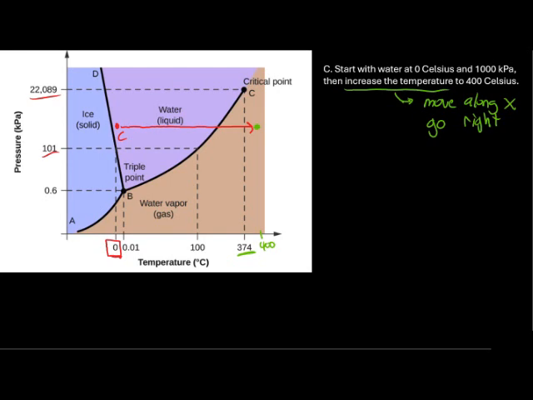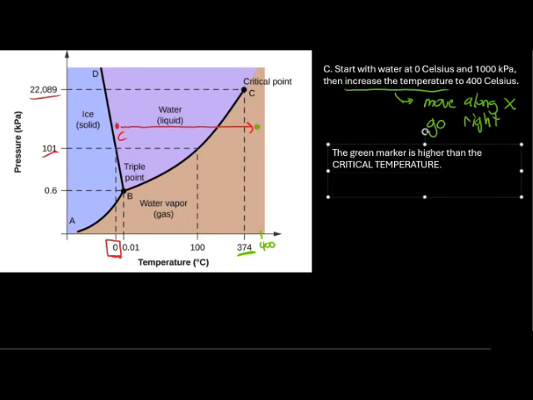Now notice that this green marker is higher temperature than what we've labeled as the critical point. And anytime you're higher than the critical temperature, you are no longer going to become a gas. What we must realize is if we are higher than the critical temperature, we're not going to stay as a gas.